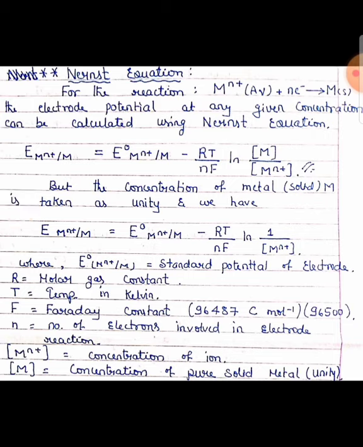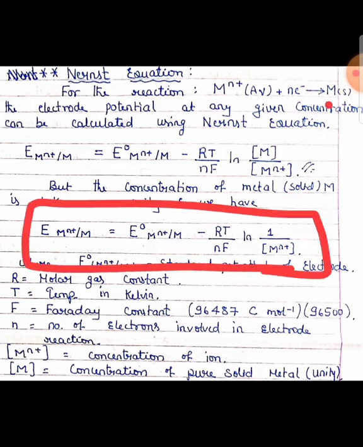So we can write the Nernst equation in this form. As the metal concentration is referred to as unity, in the place of M we can write 1. So this is the representation of the Nernst equation for a reaction of this type.